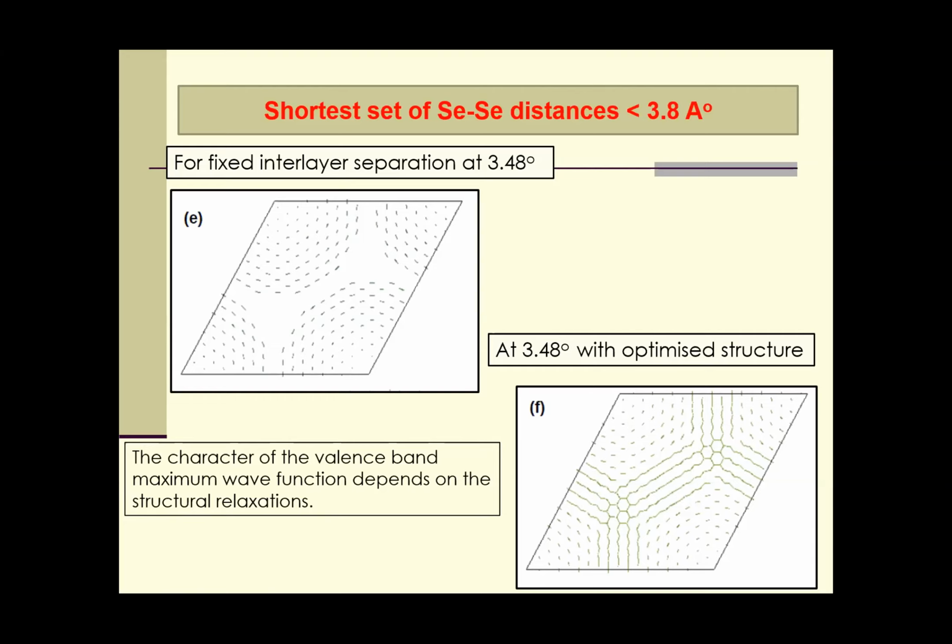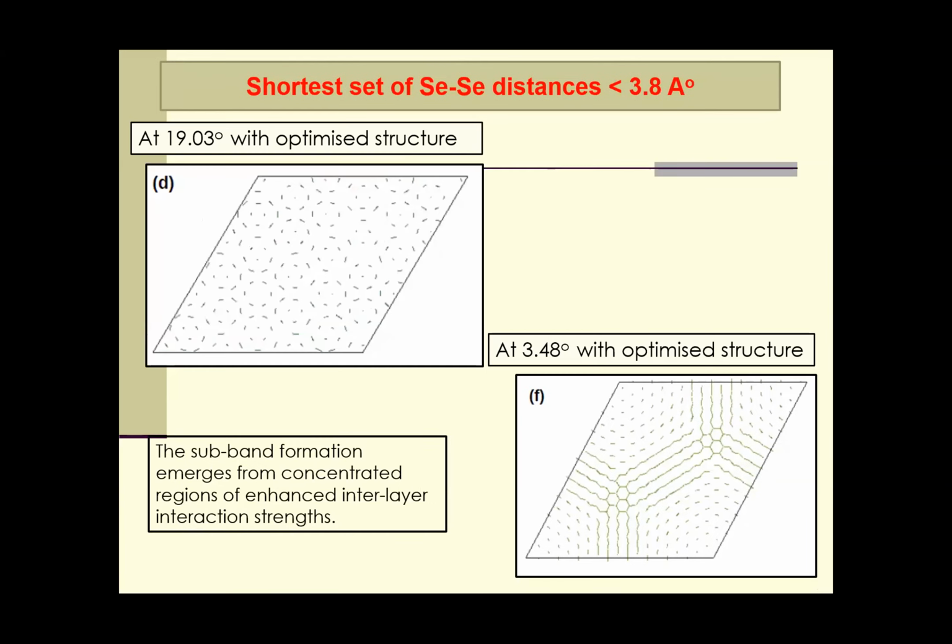These were two cases where we had the split off band, and we see a feature which is regions with larger concentrated interlayer distances. If we look at the 19.03 and contrast it with the 3.48 structure, in the other case you had them randomly distributed, whereas in the 3.48 with the optimized structure, you have them in only certain regions.